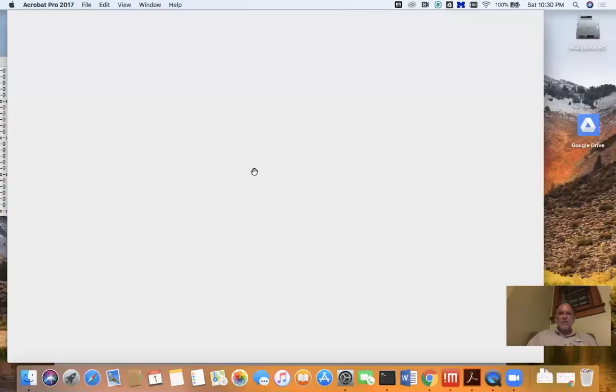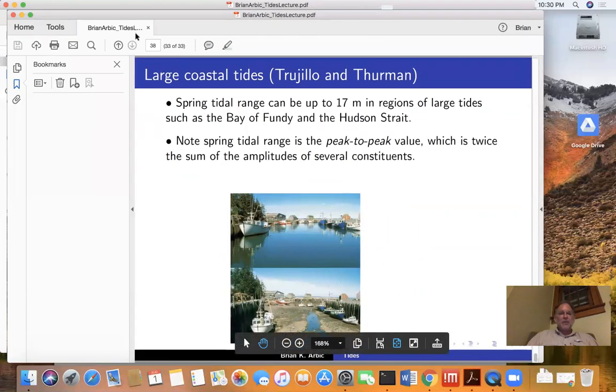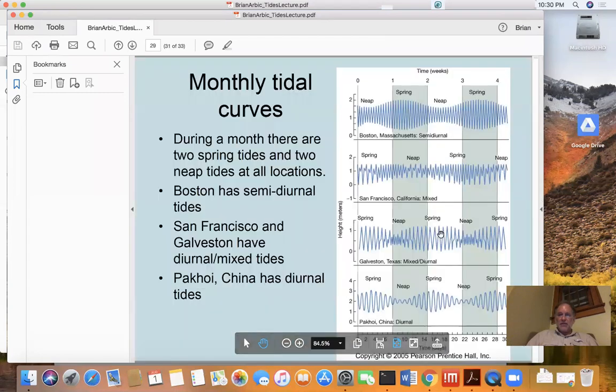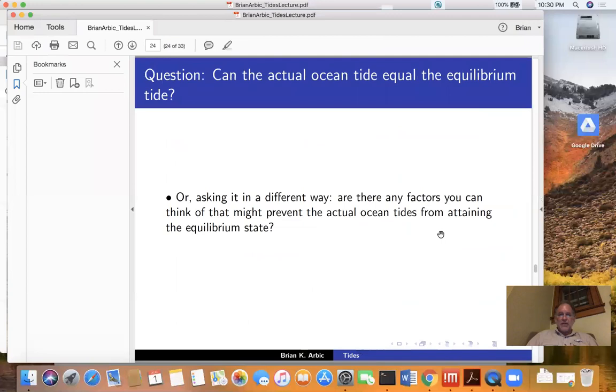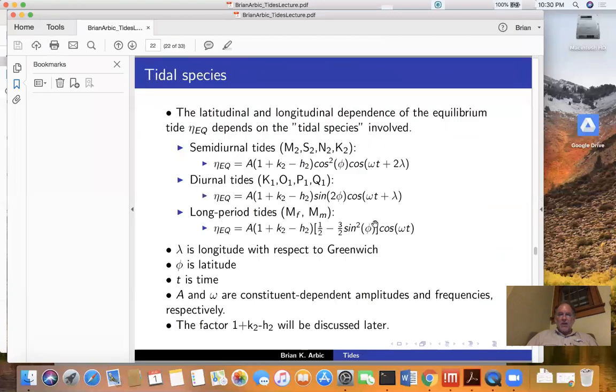And I would like to mention one thing that I thought I was going to get to but didn't. I said here that the factor 1 plus K2 minus H2 would be discussed later. The astronomical forcing applies not just to the water, but also to the planet Earth.